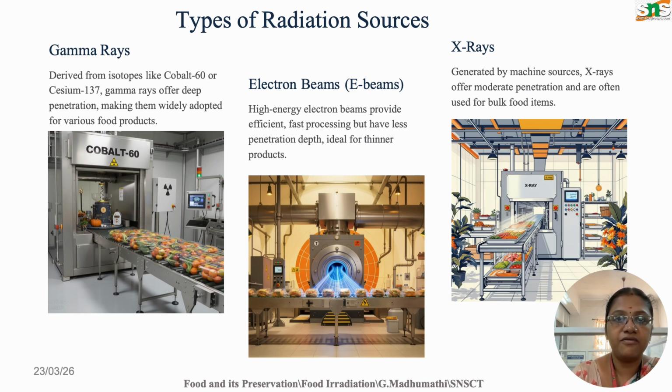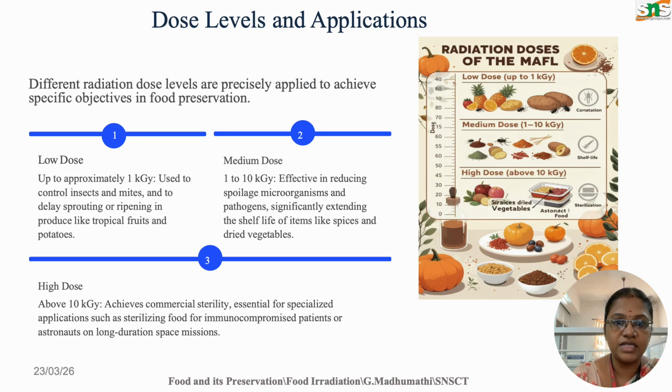Mostly this is preferred for food materials that are very thin in nature. And X-rays are also generated by machine sources only. They offer moderate penetration and are often used for handling bulk food materials. So these are the types of radiation sources used in the food irradiation method.